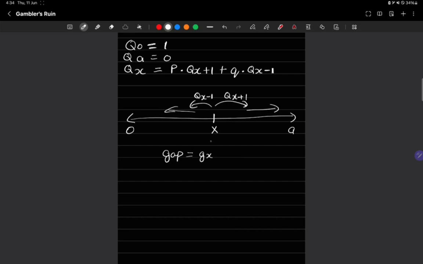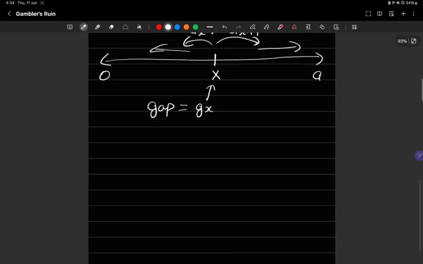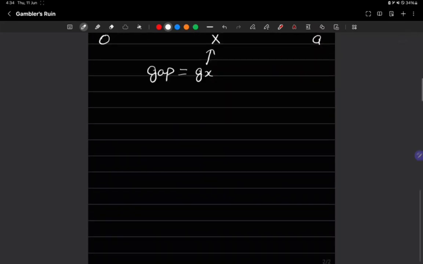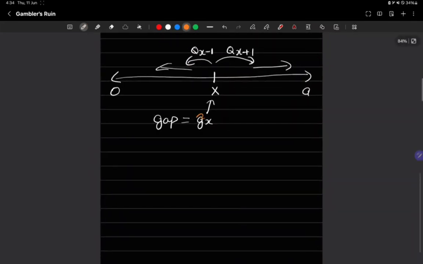I will denote the x position with Gx, and then Gx will be Qx plus 1 minus Qx, so it's the difference that we have between these two positions.